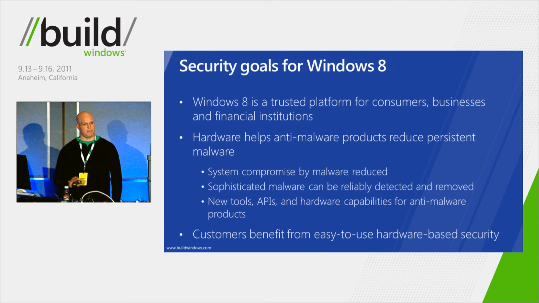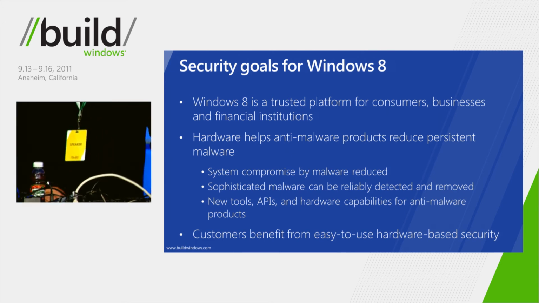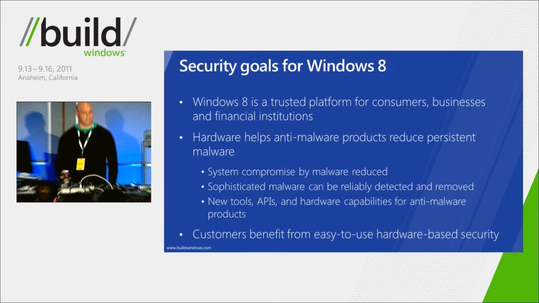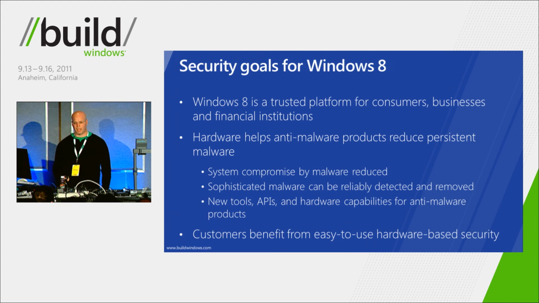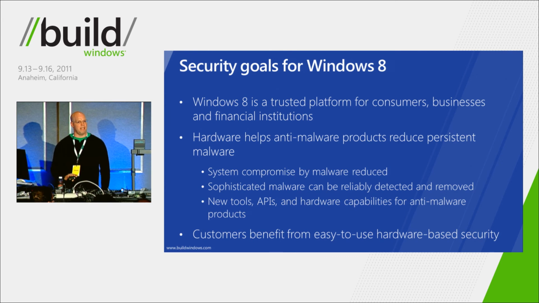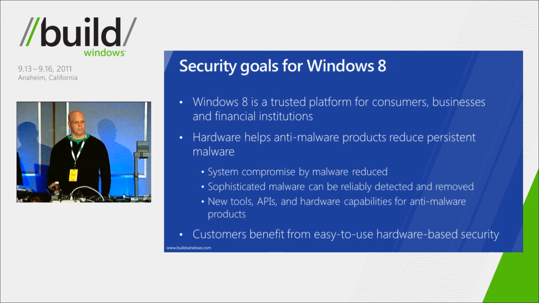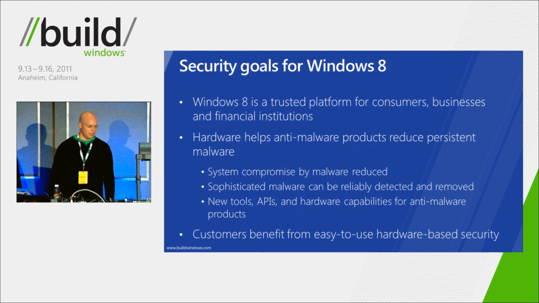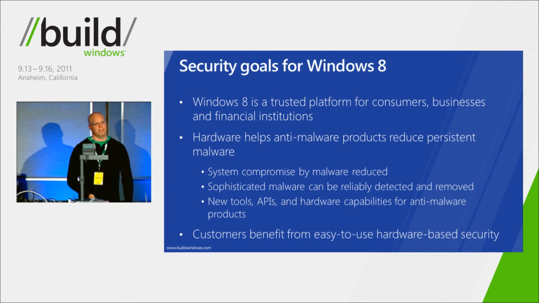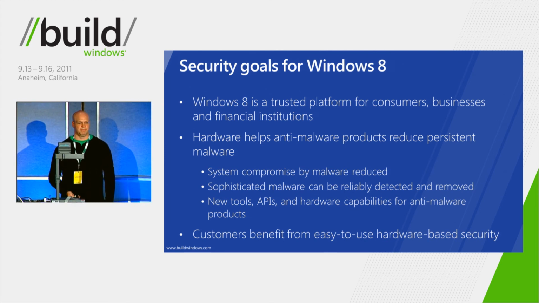So we'd like anti-malware products to be more effective, and we'd like the system compromise from malware to be greatly reduced, as well as the ability for anti-malware products to reliably detect and remove malware. And in many cases, that requires providing new APIs and tools for them to do that. We'd also like customers to benefit from hardware-based security like a TPM that's on their system.